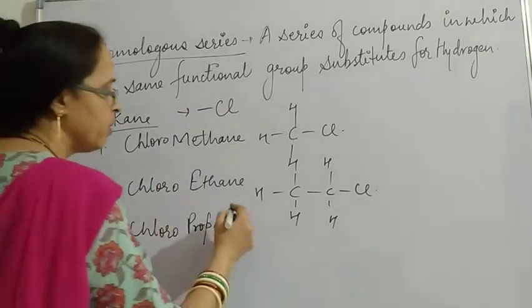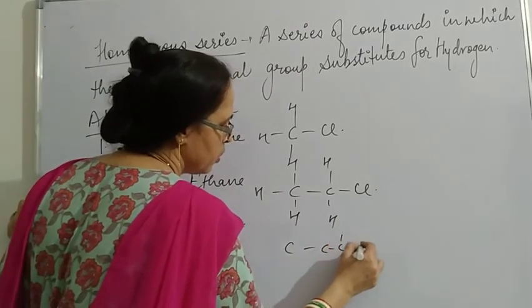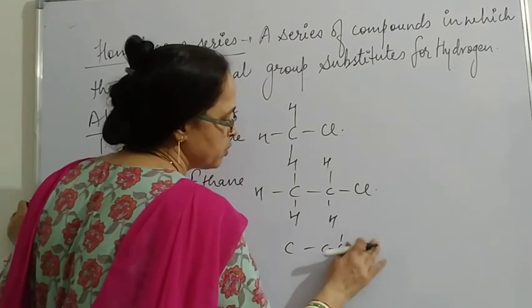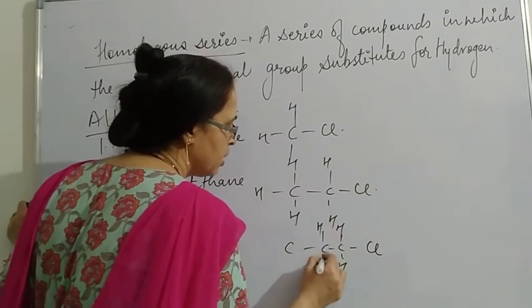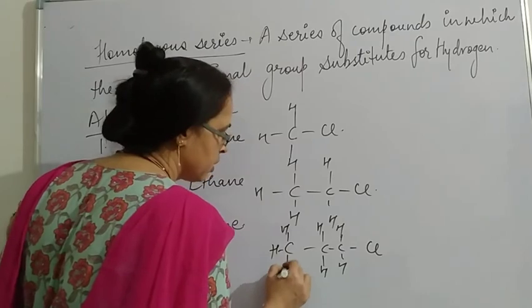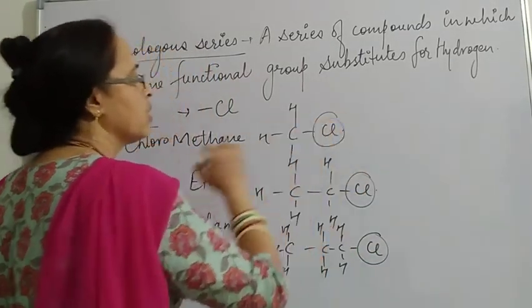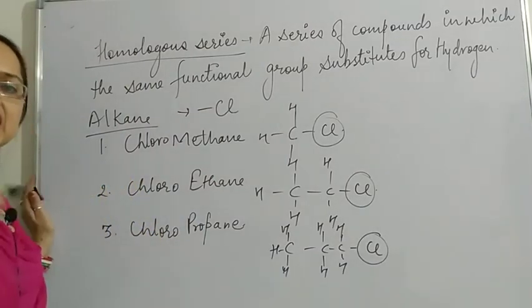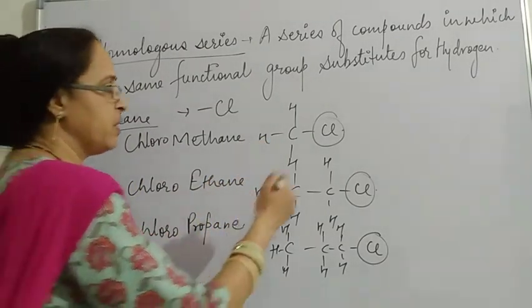When we talk about propane, then three carbons, one hydrogen is substituted by one chlorine, then we write down hydrogen. In this way, the valency of the carbon is fulfilled. Now one chlorine, one chlorine, one chlorine. That means the functional group is the same, but their formula is different.